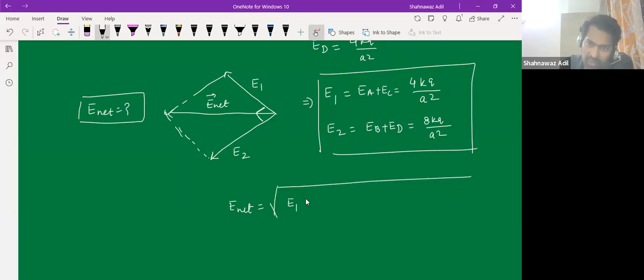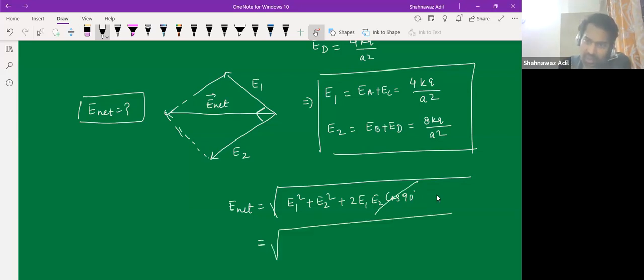Root of E1 square plus E2 square plus 2 E1 E2 cos of the angle between E1 and E2, that is 90. So again, this cancels, and this is 4KQ by a square whole square plus 8KQ by a square whole square.